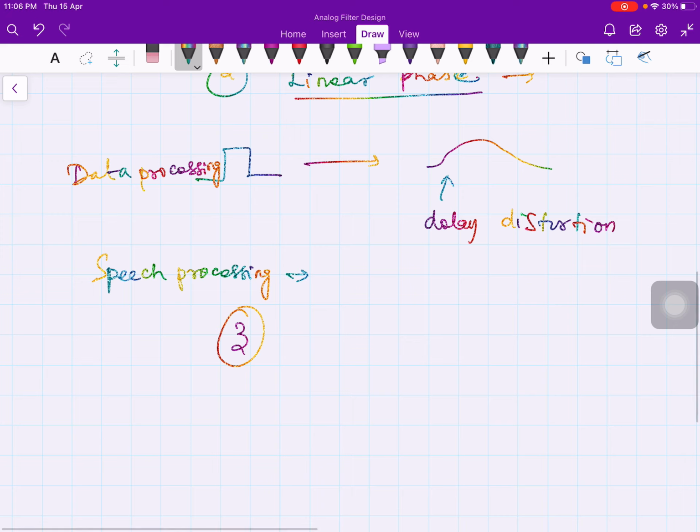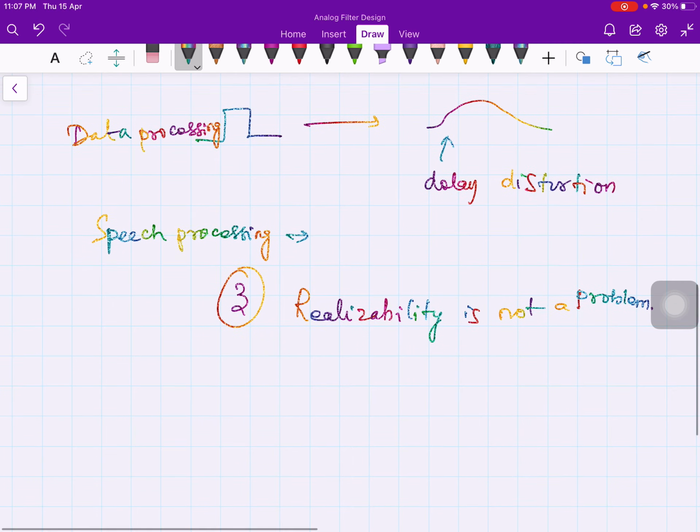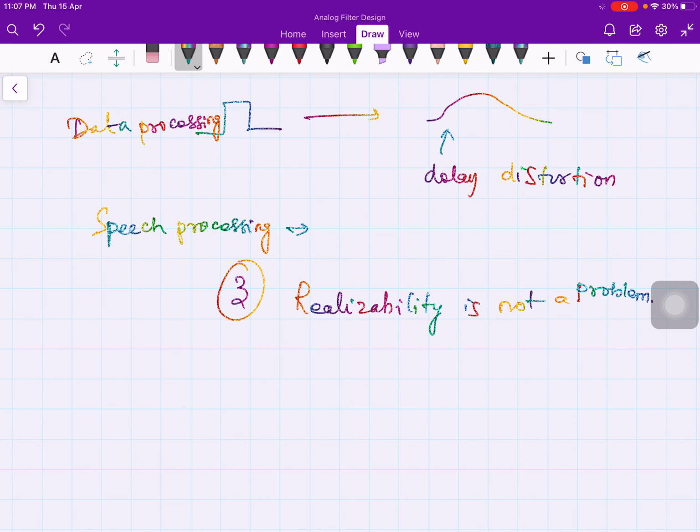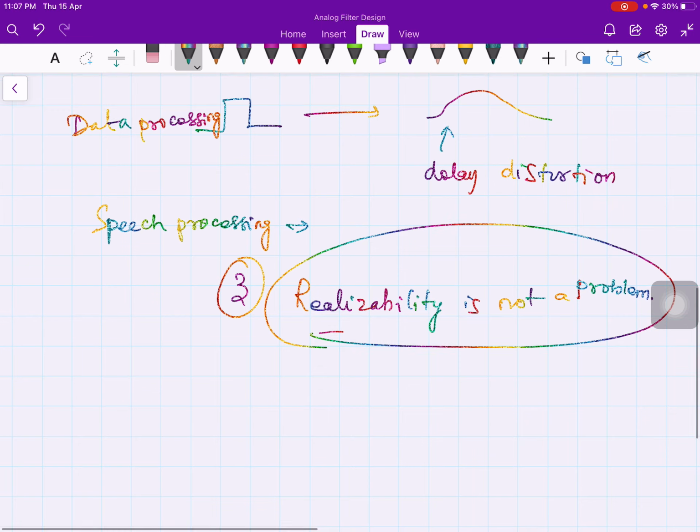That is, you multiply the required number of delays. So, realizability is not a problem. Not a problem in FIR filters. So, realizability of an FIR filter is not a problem, although it is not a great disadvantage. This is not a great advantage, but since you are listing advantages, this is one of the advantages.